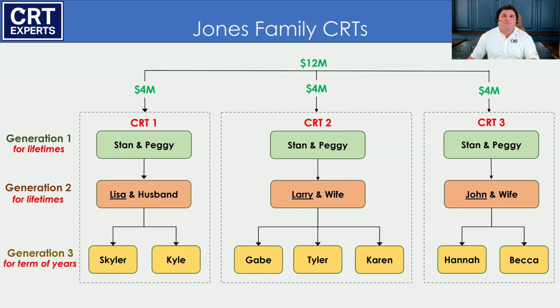As long as the administration is done under one roof, this should not be more expensive or more complicated for the family. So you do have three CRTs to draft, so it's going to cost a little bit more upfront just to put everything in place. But moving forward, don't let the idea that having multiple CRTs becomes more complicated or more expensive worry you. It shouldn't, as long as we're keeping all that admin with one administrative firm.